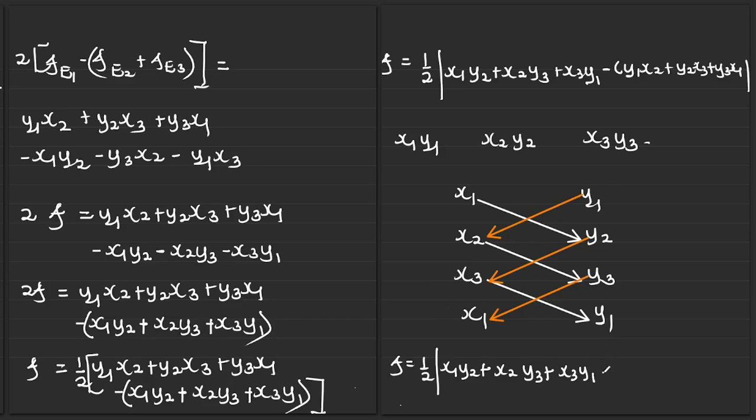Then if you are going in the reverse order, you subtract: y1 x2, plus y2 x3, and then plus your y3 x1. This is the Shoelace formula.